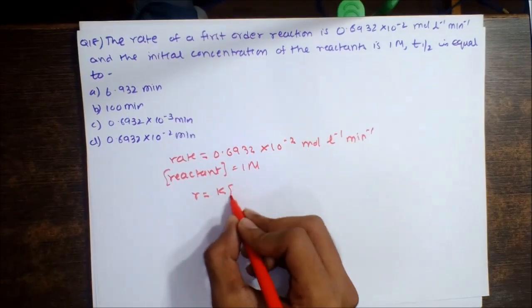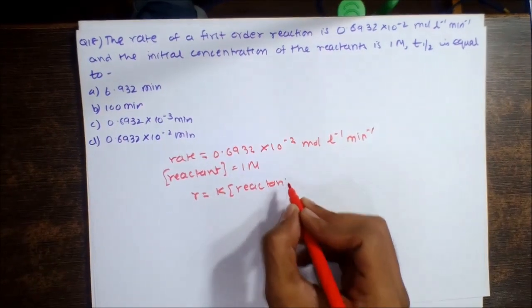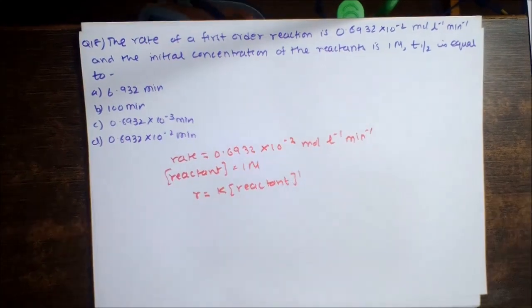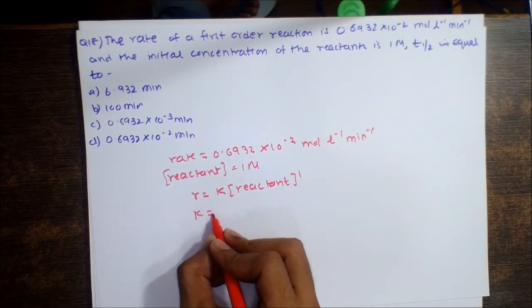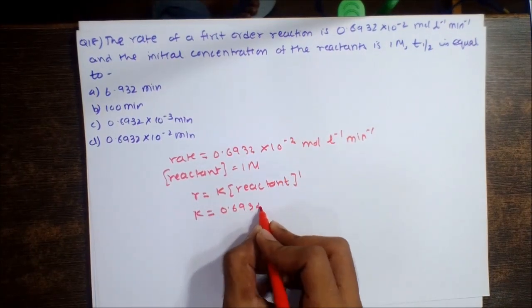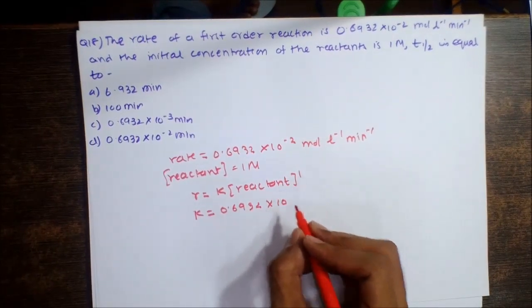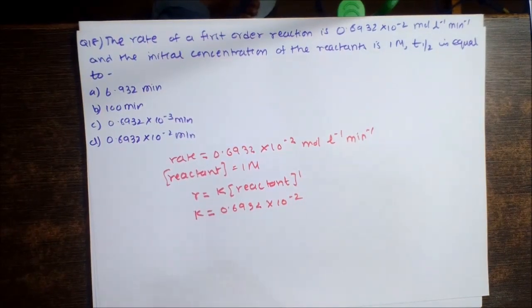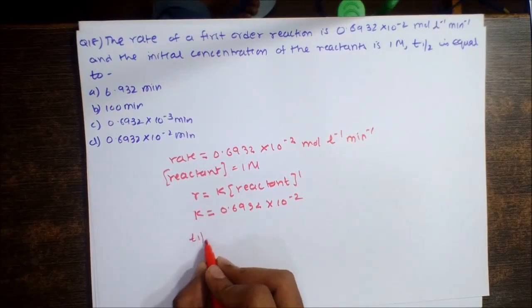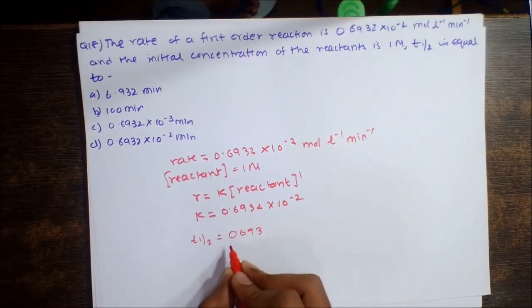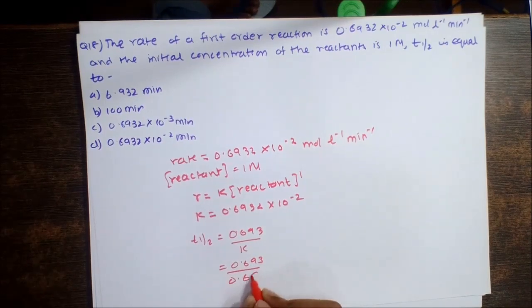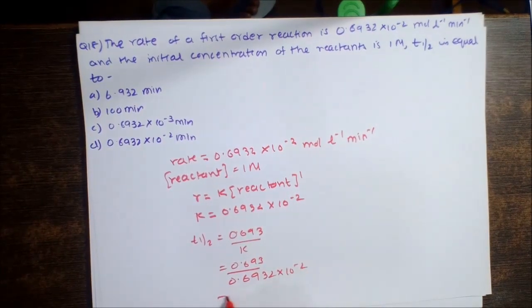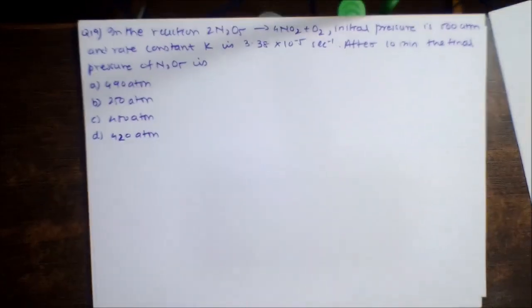R equals K reactant raised to 1 since it's a first order reaction. So K would be equal to 0.6932 into 10 raised to minus 2. Half-life equals 0.693 upon K, which would be equal to 0.693 upon 0.6932 into 10 raised to minus 2, which equals 100 minutes.